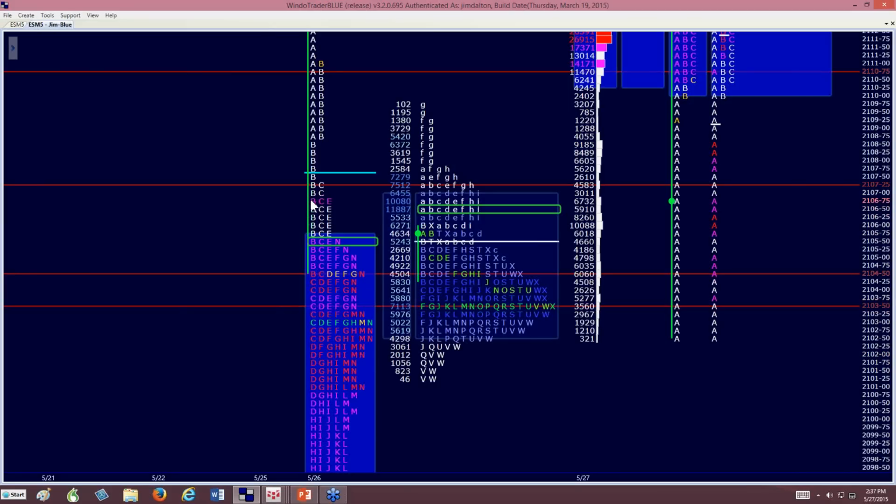Although my personal position at that time was neutral. A combination of the poor low, I had a breakout to the downside, I had a gap, I thought the market was too short. I could argue either side for today fairly evenly. So my position was neutral.